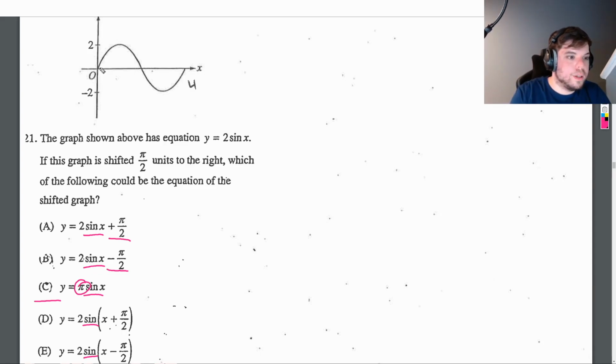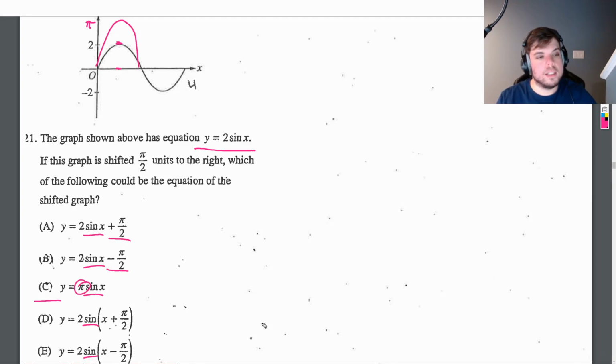So notice that with y equals 2 sine x, the amplitude is 2, like the height of the function is 2 units. So if it was pi, all that would happen is it would stretch to be pi units high as opposed to 2 units high. So that's not the right answer either. So it's not A, B, or C. Therefore, it's D or E.